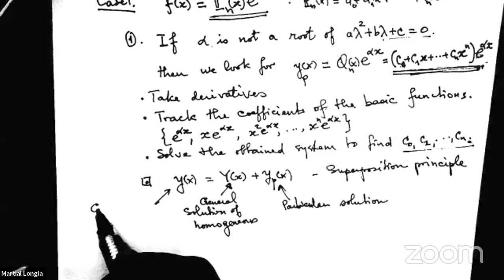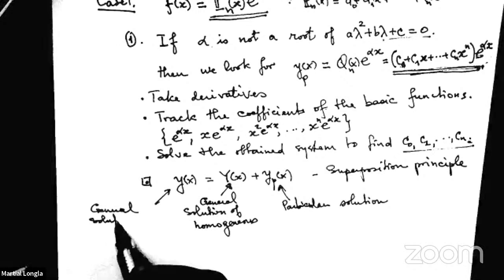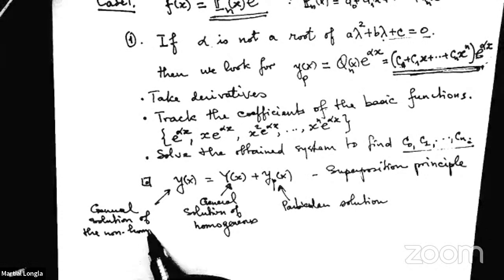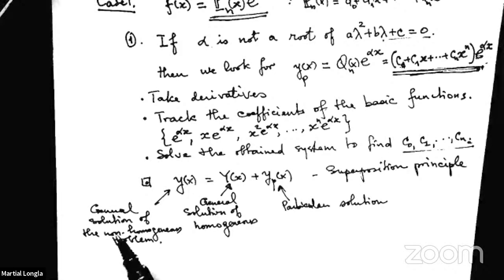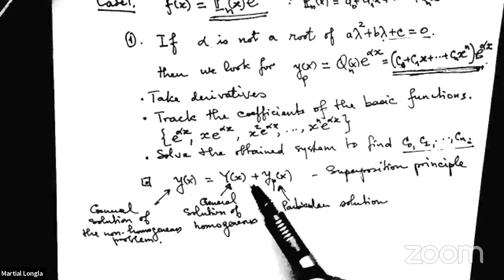So this is the general solution of the non-homogeneous problem. The general solution of the non-homogeneous problem is equal to the general solution of the homogeneous problem plus any particular solution of the problem that you can find.